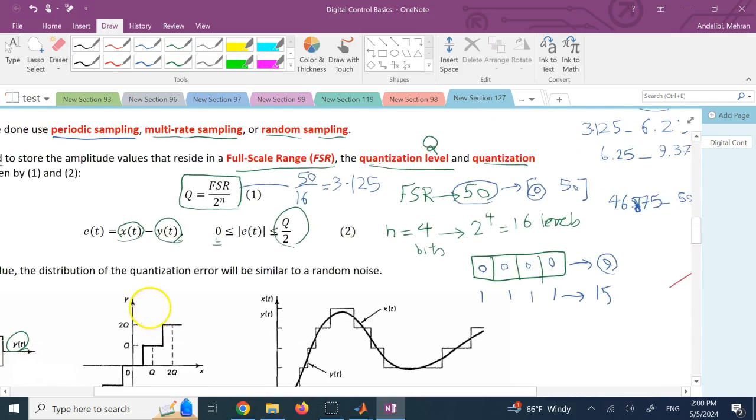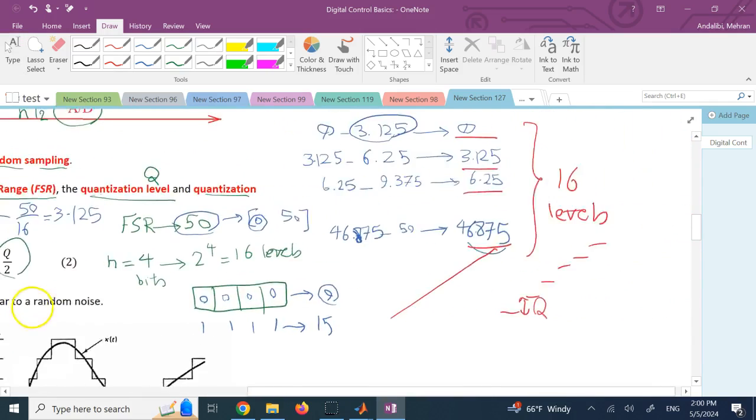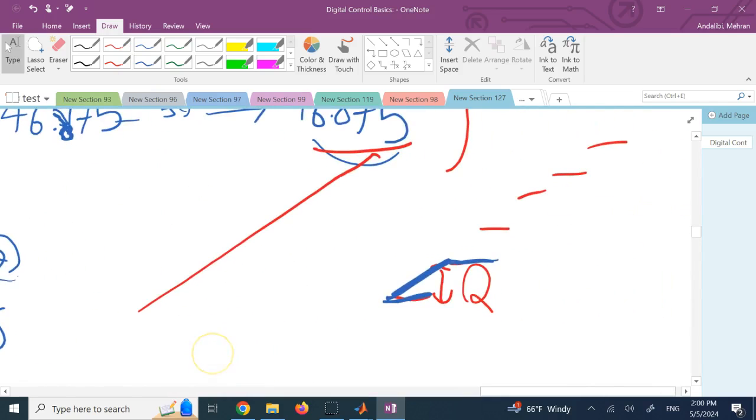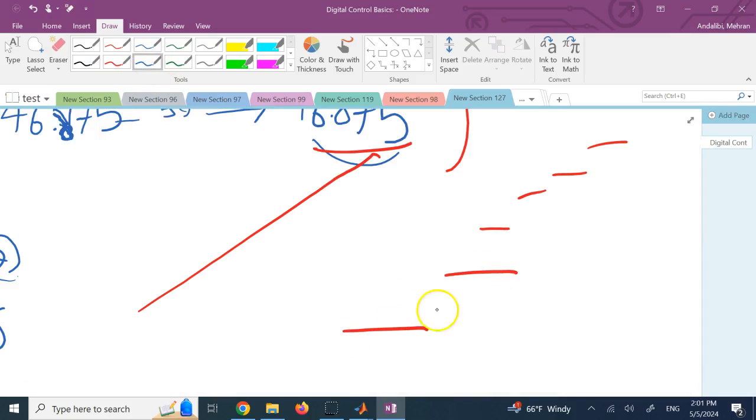Now how much is error? Well, your actual signal when you go from this level to the next, right, in this continuous manner. Okay, so let me clean this up. So here you have 2 levels, this level and this level, and your actual signal is somewhere here.